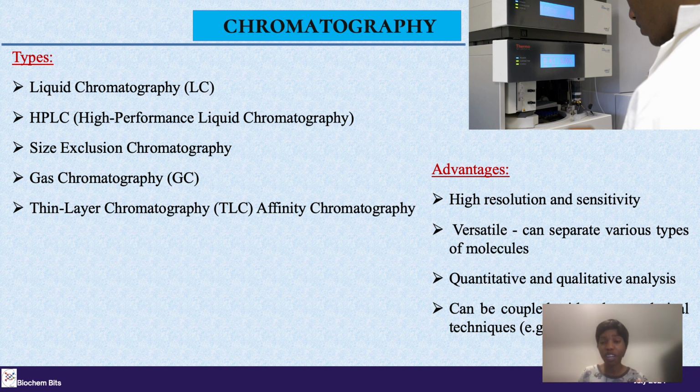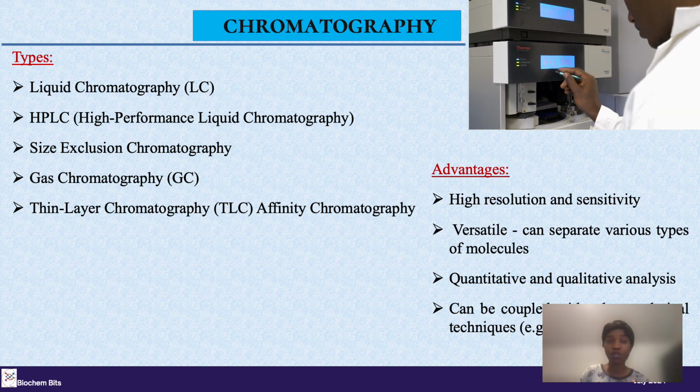And chromatography also has this advantage because it can be coupled to other systems like LCMS, liquid chromatography coupled mass spectrophotometry, which will help us to identify or even get the mass of the identified species. One of the important advantages of chromatography is that it carries out both quantitative and qualitative analysis.